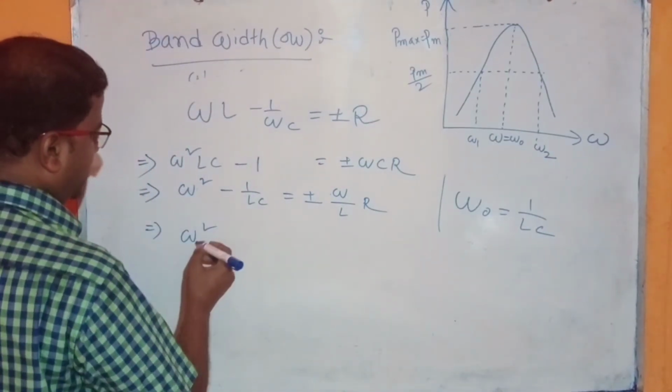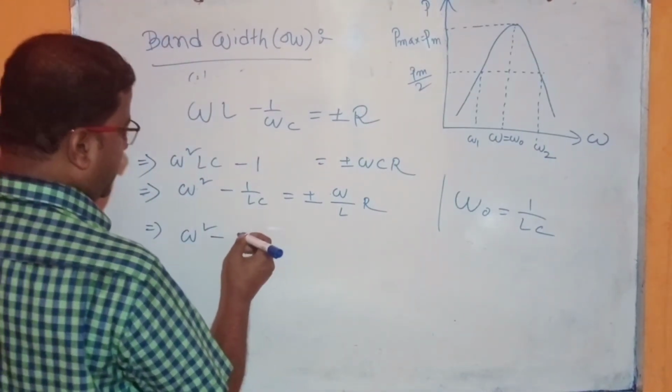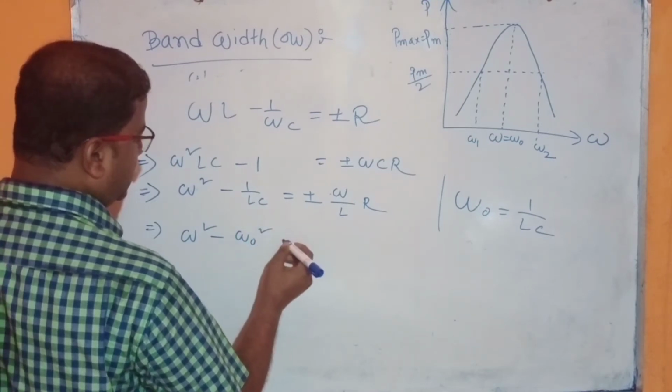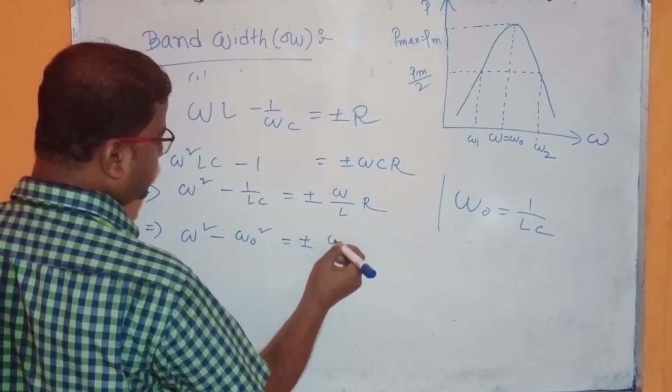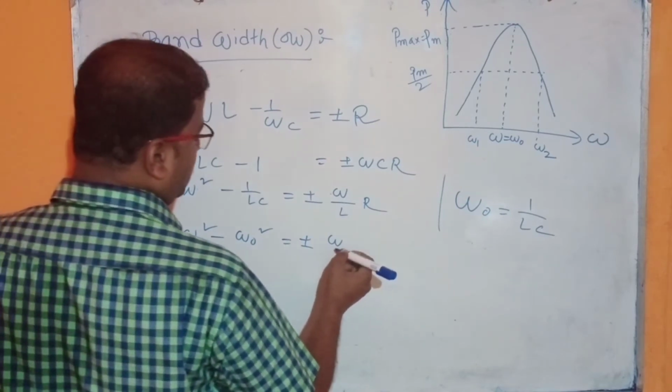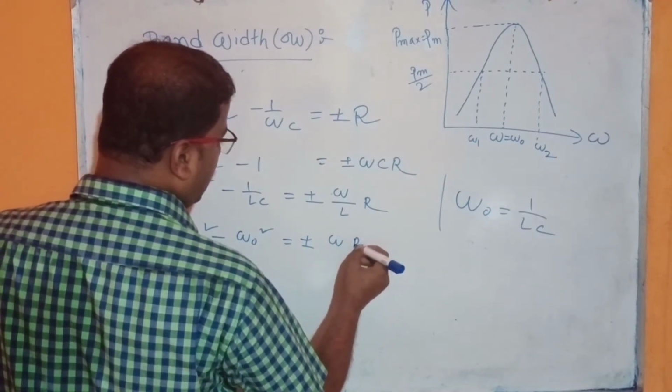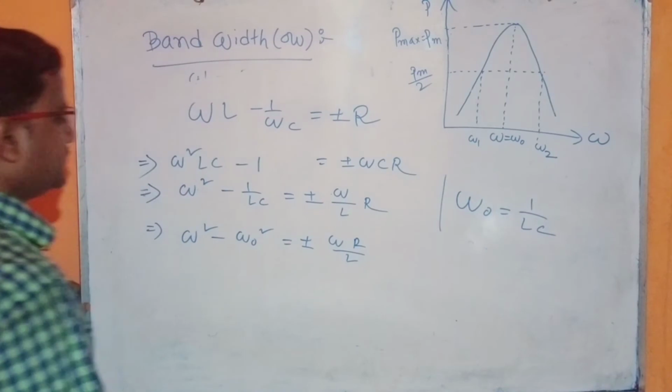Therefore we can write omega square minus omega 0 square equal to plus minus omega R divided by L.